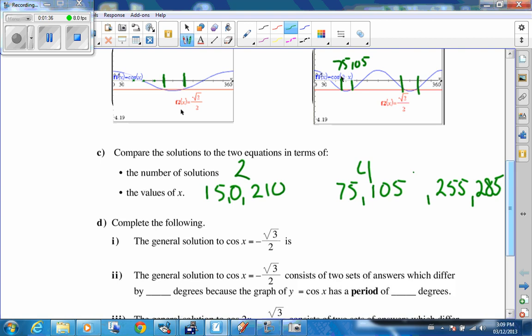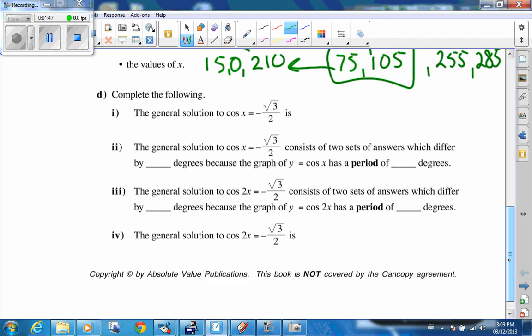Now, if you look at these two solutions, they are half of those solutions in much the same way. So the general solution here is two answers which vary by 360 degrees. Both sets of answers here are my 150, 210, and they both differ by 360 degrees because cos x has a period of 360 degrees.